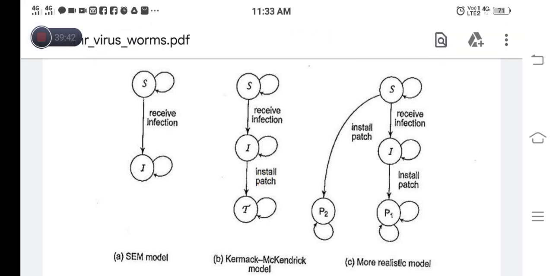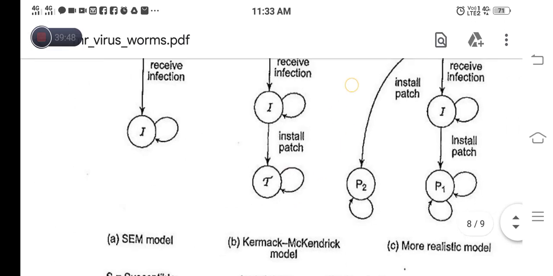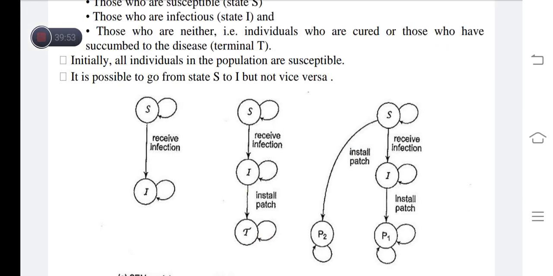Here we are seeing a susceptible entity becoming the infectious entity. Then this infectious entity can be cured or cannot be cured. If he is cured, then he will move to the terminal state. That means if cured, he is not again vulnerable to the disease. That is the meaning of this transition.